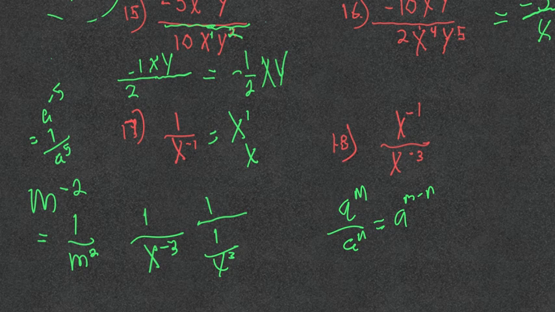So if you had 3 to the 4th power over 3 to the 3rd power, you'd have 3 to the 4 minus 3. 4 take away 3 is 1 power. Okay? So you subtracted those exponents.